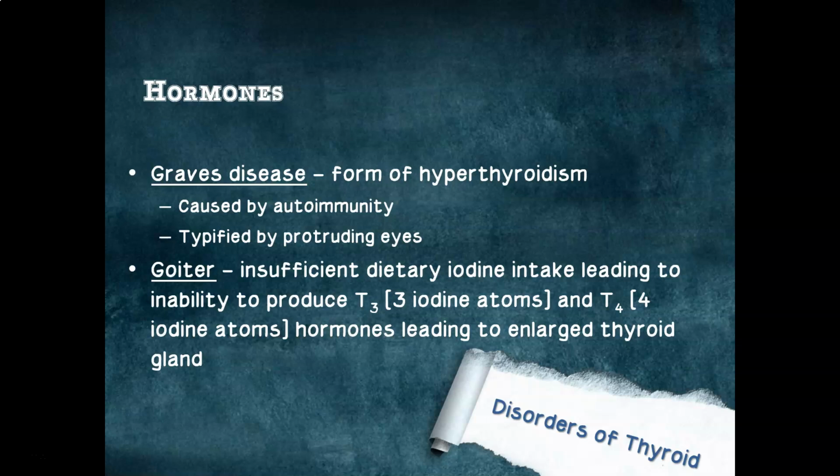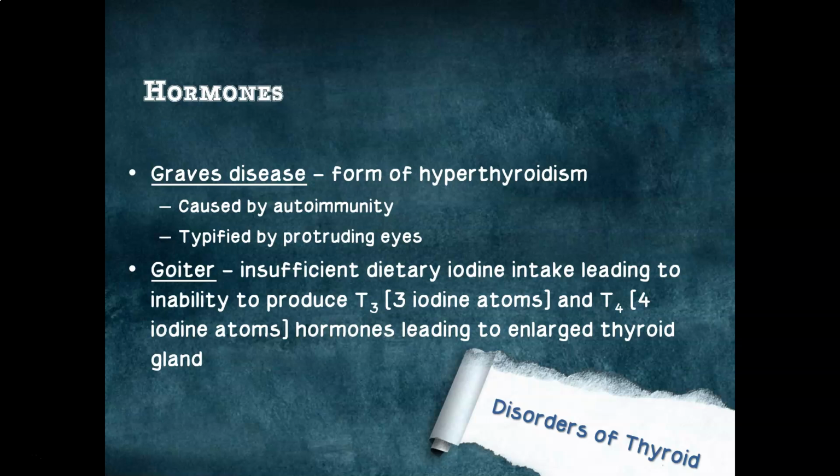Goiter is another potential disorder of your thyroid. We've talked about this a few times this year, and this is a result of insufficient dietary iodine intake, right? You really don't need a whole lot of iodine in your body. It is a trace element, but you need just enough in order to make the hormones T3 and T4 that your thyroid produces.